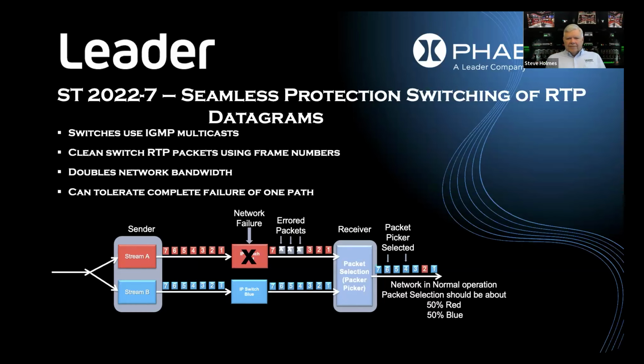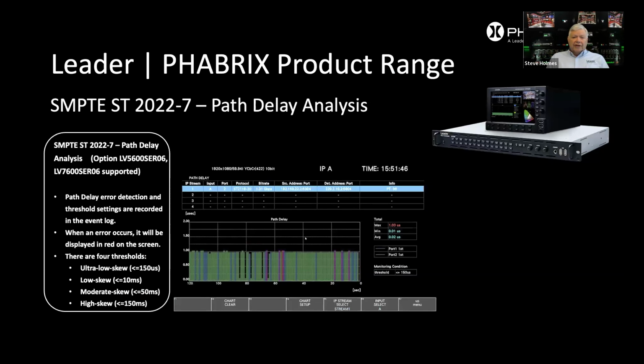Yeah. The other thing that you have to watch out for as the user of this 2110 network is that the devices on the receiving side don't tell you, hey, I'm taking all my data from the red, or I'm taking my data from the blue, or I'm taking it from both. And you really need to monitor this periodically to make sure that one of the networks hasn't gone wonky on you and you've been running on one side for the last day, 2 days, week, and you've lost your protection.